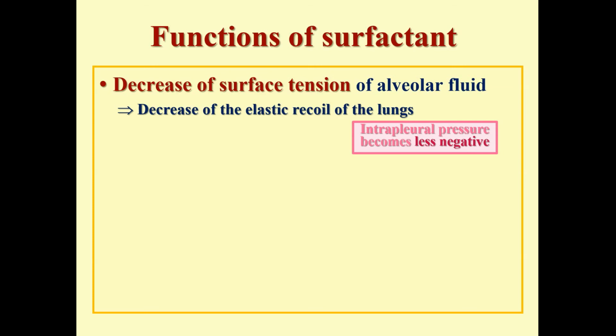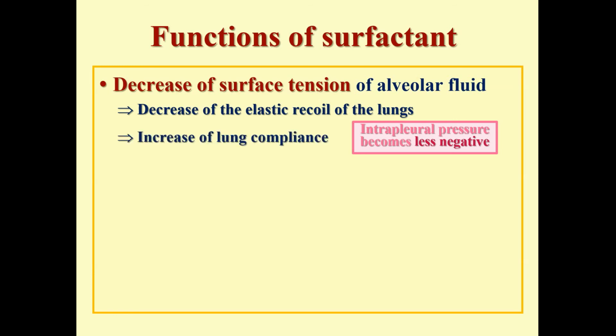Of course, our normal intrapleural pressure is due to already present surfactant, so it's normal. But if surfactant is higher or less, it changes the intrapleural pressure: with more surfactant, less negative. But what is important for clinical purposes, less surfactant, more negative intrapleural pressure, higher elastic recoil of the lungs.